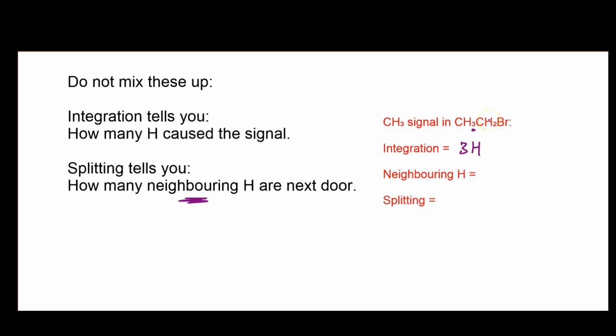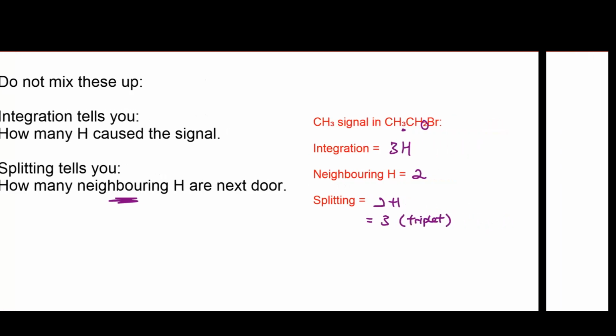The neighboring hydrogens equal 2 because there are 2 neighboring hydrogens. Therefore, using the n+1 rule, the number of lines observed will be 2 + 1 equals 3, or triplet.